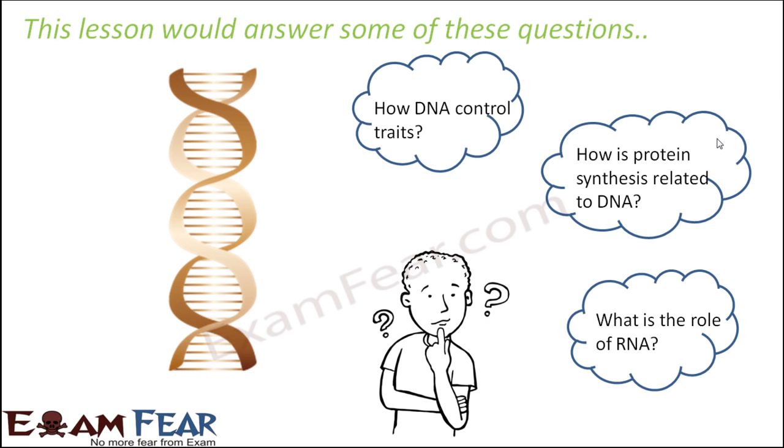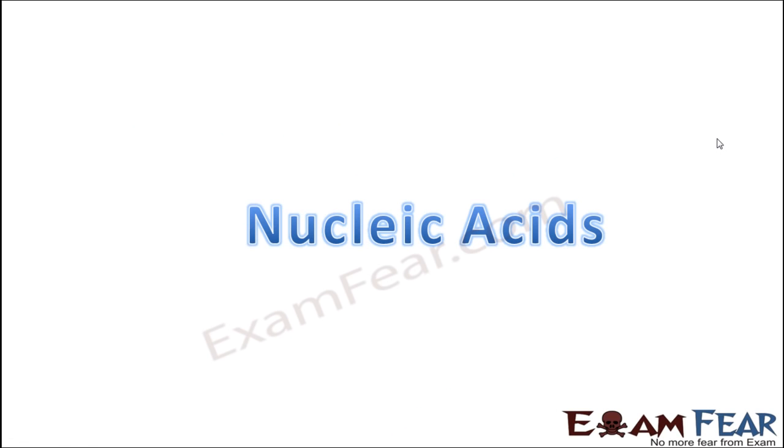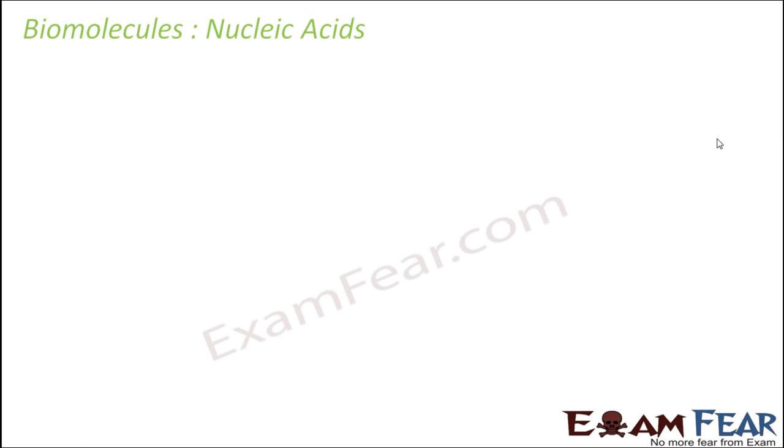Before we proceed, it is very important that we understand the structure, the role and the function of DNA and RNA appropriately. For that, we will have to get some knowledge about the nucleic acids. So what are nucleic acids? Like we spoke about biomolecules, where we studied proteins, carbohydrates, lipids, and nucleic acids.